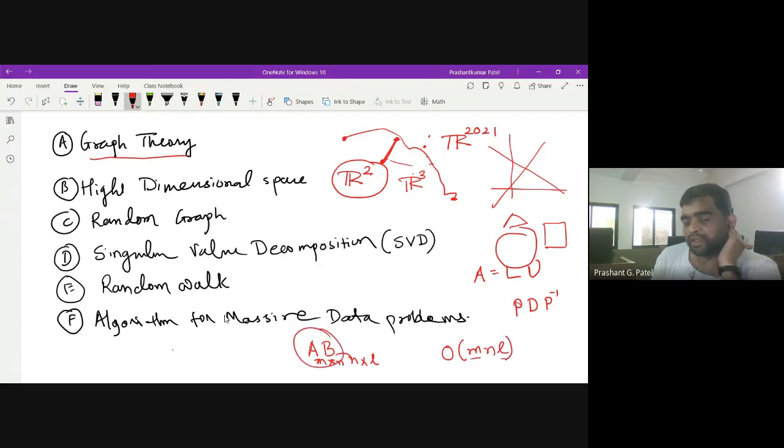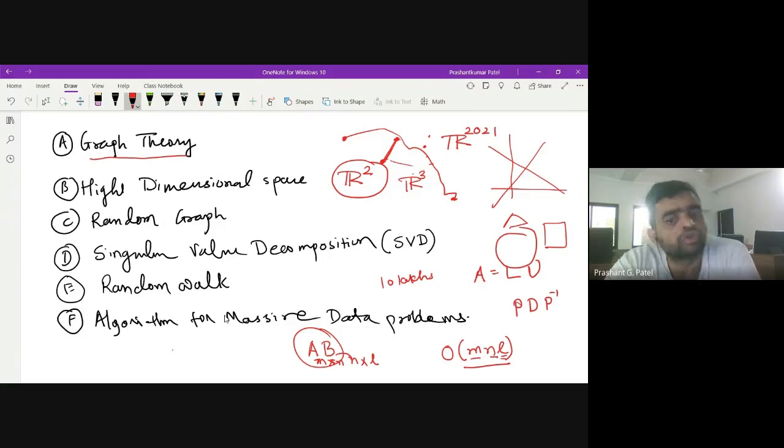If m is big, n is big, and L is also big, like 10 lakh rows and columns in A and in B, then this order is very, very big, and your computer is not sufficient to compute the product of A and B. Then what to do?